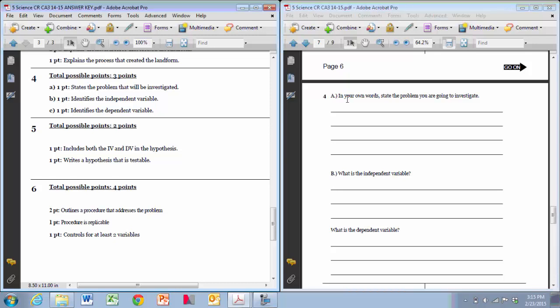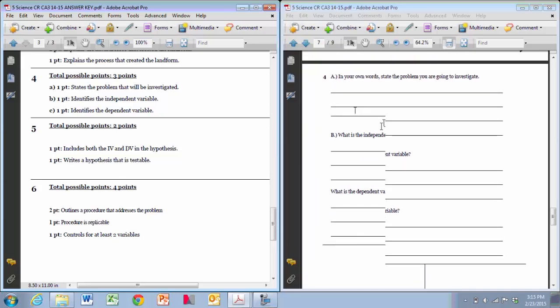So one thing they could write is, does the type of salt affect the rate at which ice melts? Or they could ask, does rock salt or table salt melt ice faster? Either one of those types of testable questions will give these scholars 1 point.